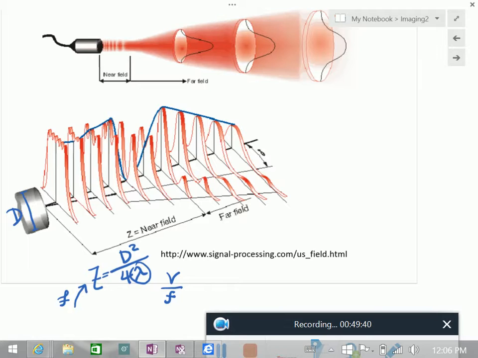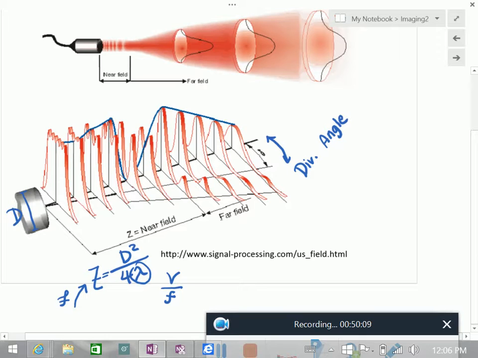Makes sense? Okay, and there is another parameter here, very important. We have all this discussion about near field, but what is very relevant to SAFT is this divergence angle, for obvious reasons, right? Let me ask you this.